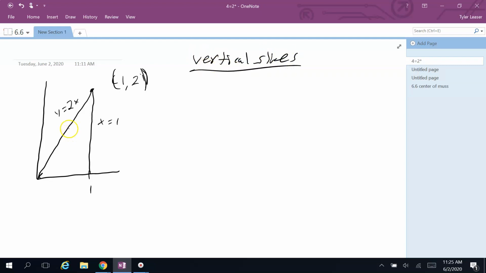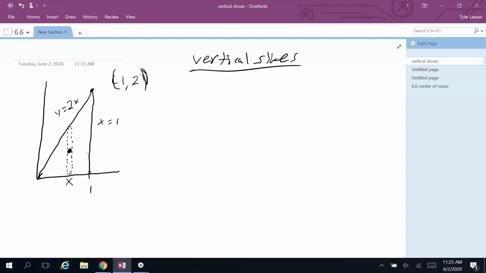If I take my region here and break it down into these vertical slices, first off, these slices are going to exist between 0 and 1, and each individual slice is located at x on the x-axis. We would also need to know what the x wiggle, y wiggle is for each of the slices.